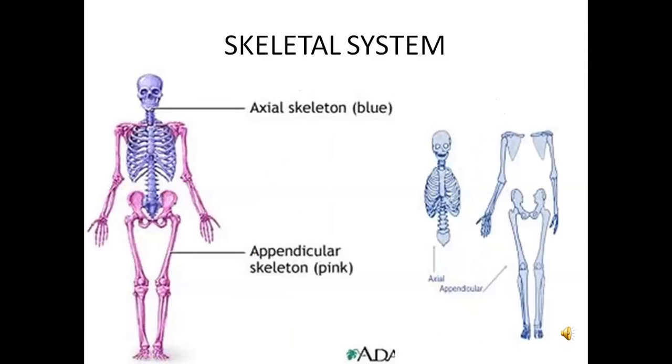First, we will see the skeletal system. The skeletal system consists of bones, cartilages, and joints.